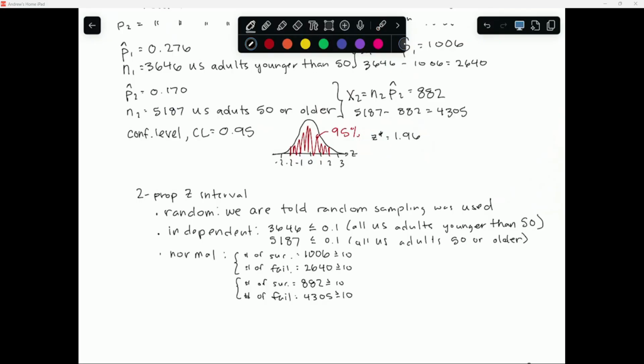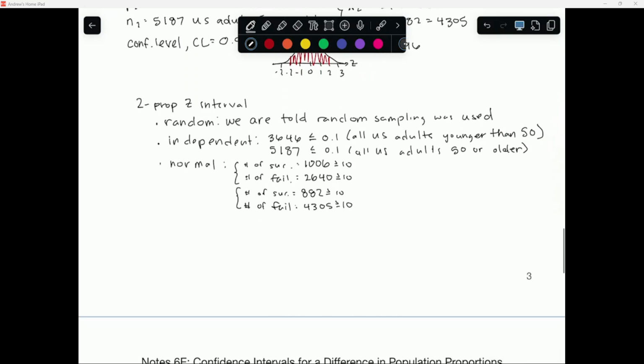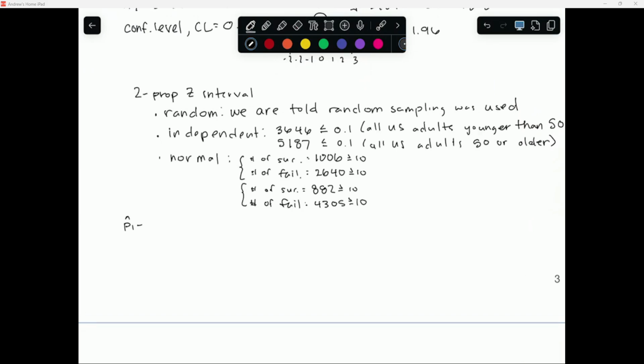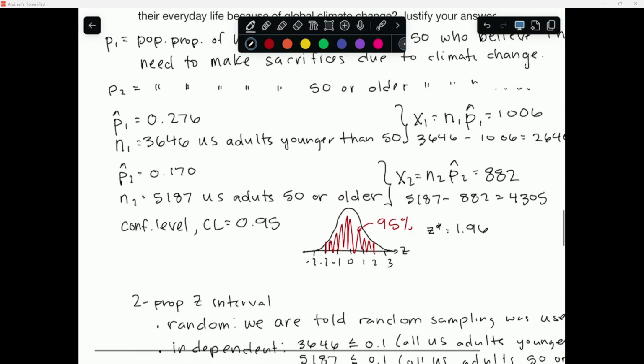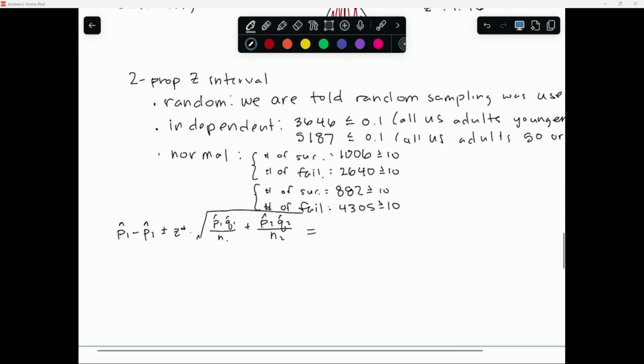Next step is the do. We're going to grab our formula, do some plug and chug. So p hat 1 minus p hat 2 plus or minus z star times the square root of p hat 1 q hat 1 over n1 plus p hat 2 q hat 2 over n2. So for our sample proportions, 0.276 and 0.17.